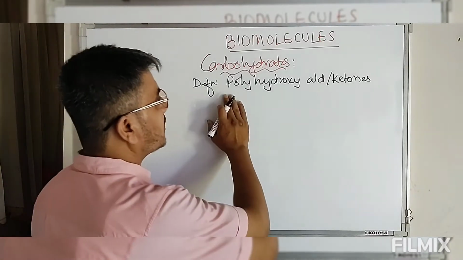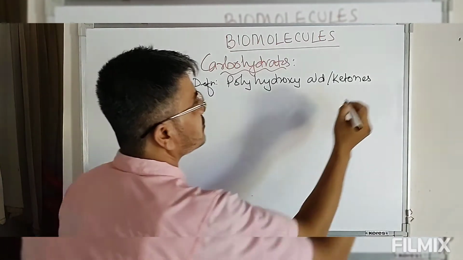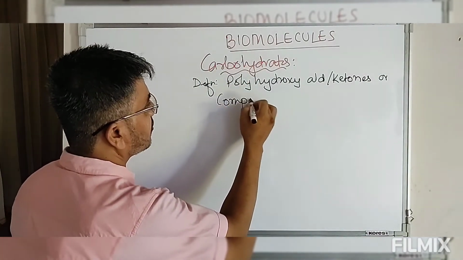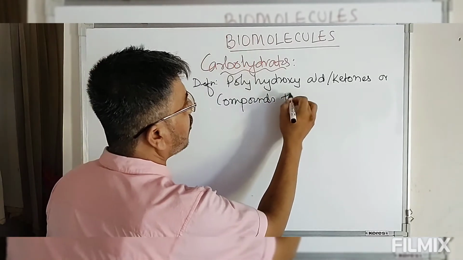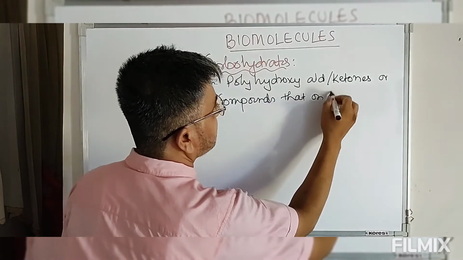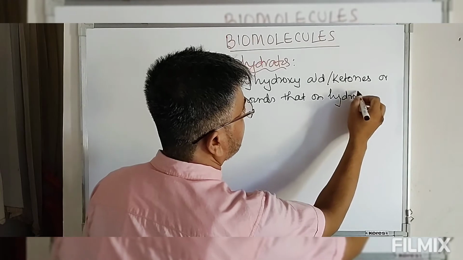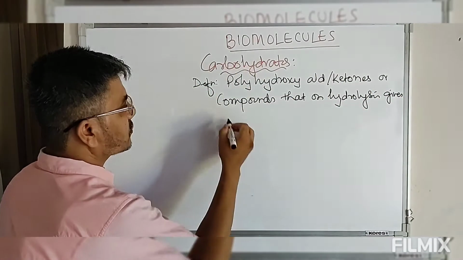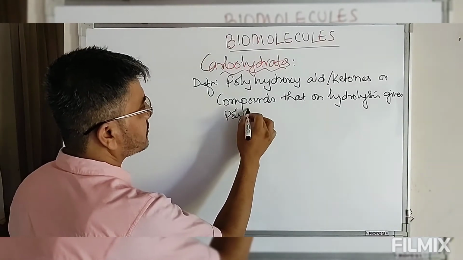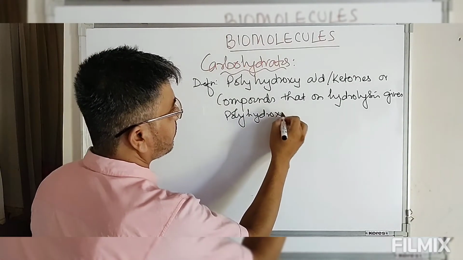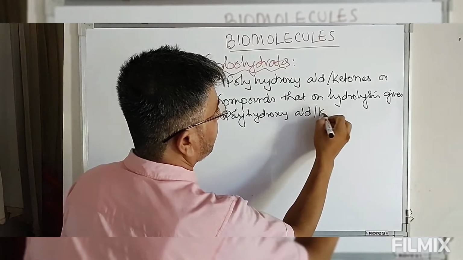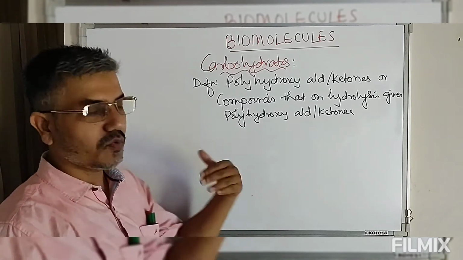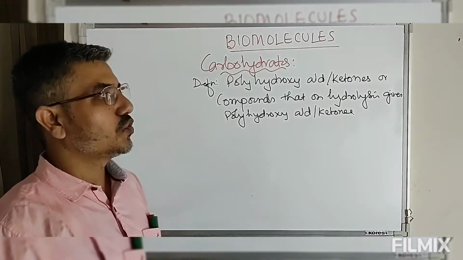So these are known as polyhydroxy aldehydes or ketones, or compounds that on hydrolysis give these polyhydroxy aldehydes or ketones. So these compounds are collectively known as carbohydrates.